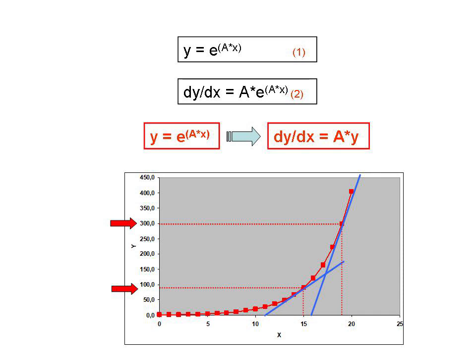If y is e to the a times x, then the derivative of y equals a times y. If a is 1, the derivative of y is equal to itself.